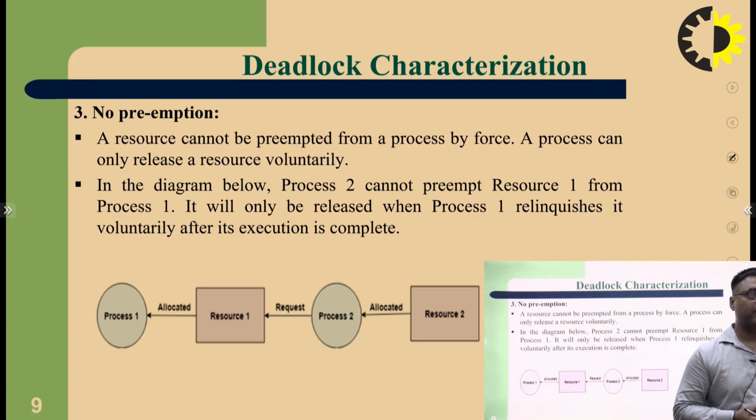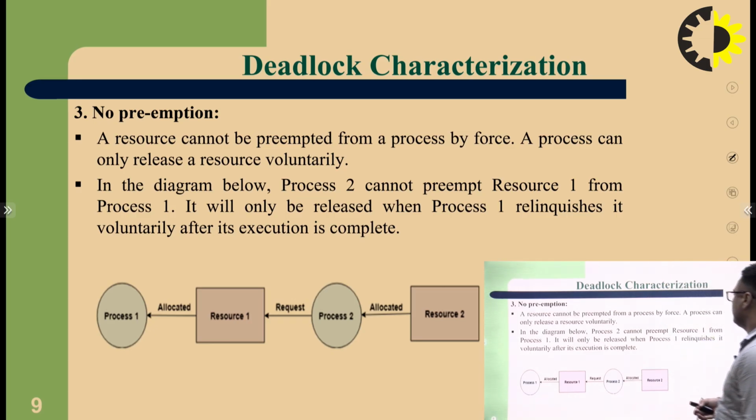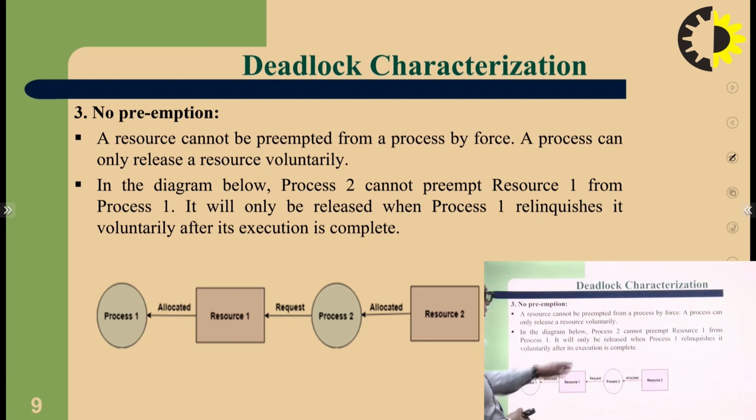That is the main function of no preemption. A resource cannot be preempted from a process by force. A process can only release the resources voluntarily. In the diagram below, process 2 cannot preempt resource 1 from process 1. It will only be released when process 1 relinquishes it voluntarily after its execution is completed.